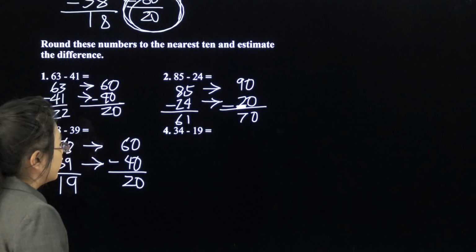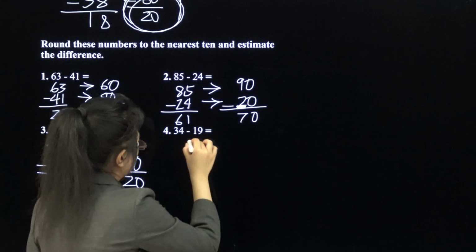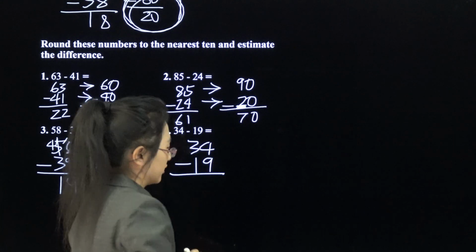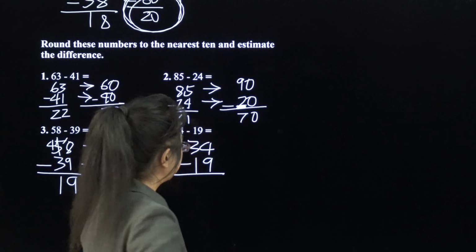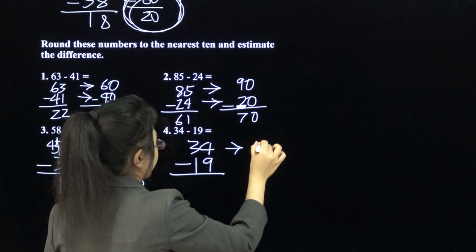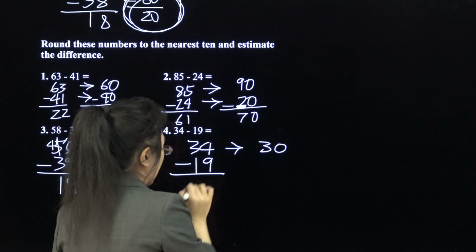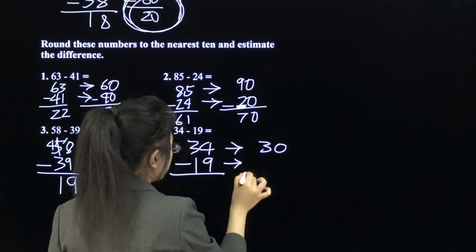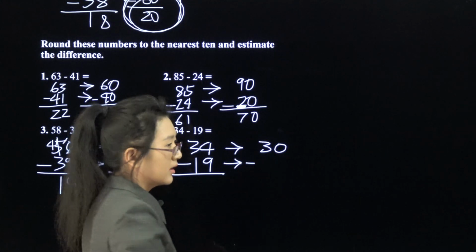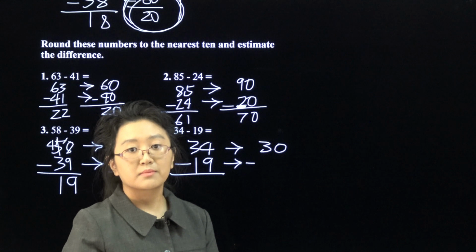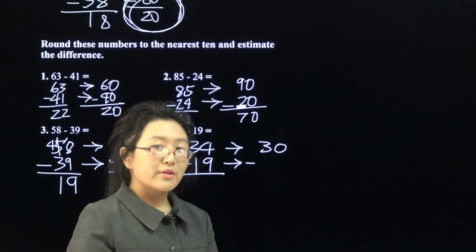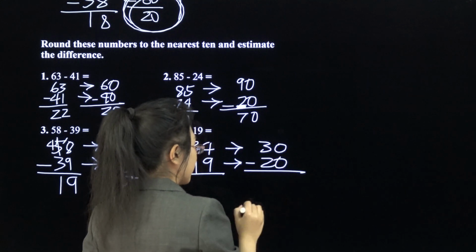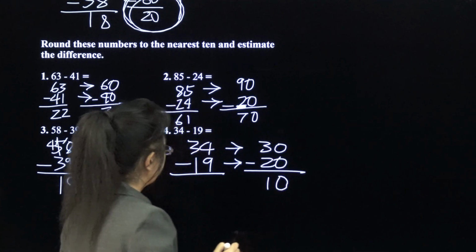34 minus 19. Now 34 has 4 in its ones digit. 4 is smaller than 5, meaning that we will round it down to 30. 19, however, has 9 in its ones place. 9 is bigger than 5, meaning that we round up to 20. 30 minus 20 is equal to 10.